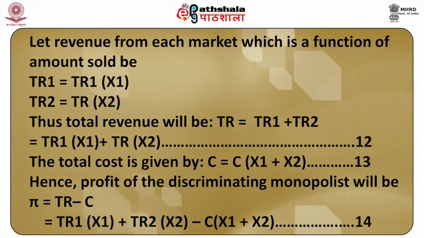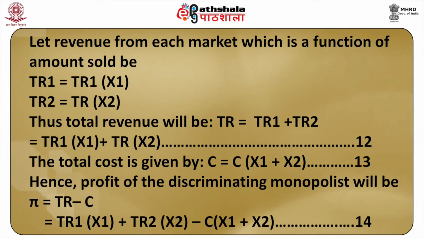Let revenue from each market, which is a function of amount sold, be TR1 into X1, and TR2 into X2. Thus, total revenue will be TR is equal to TR1 plus TR2, which is equal to TR1 into X1 plus TR2 into X2.